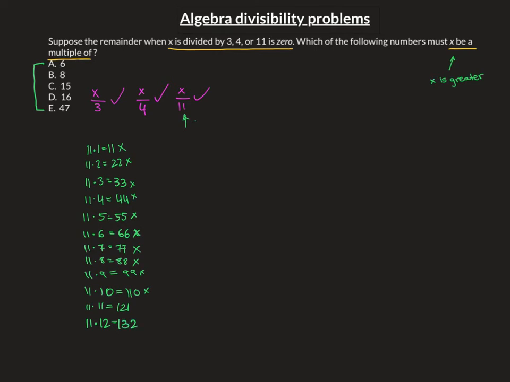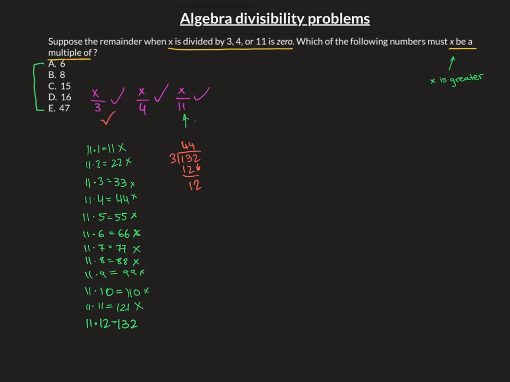Now, just look at this. 132, is it divisible by 3? 13 divided by 3 is 4, then 12, bring down the 2, 4, so 44 times 3 is equal to 132, so that does work.